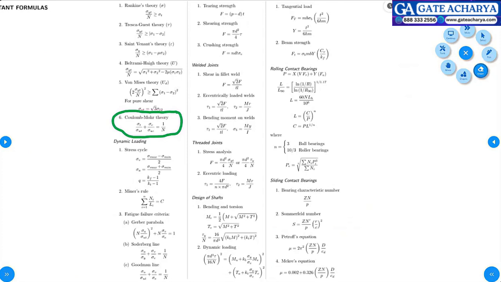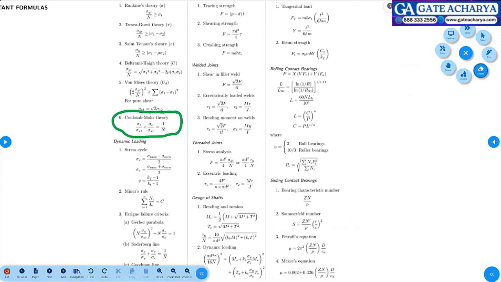So these are collective formulas. What does sigma V in general have? Sigma V is nothing but the amplitude part. Usually you might have seen in books as sigma A, right?